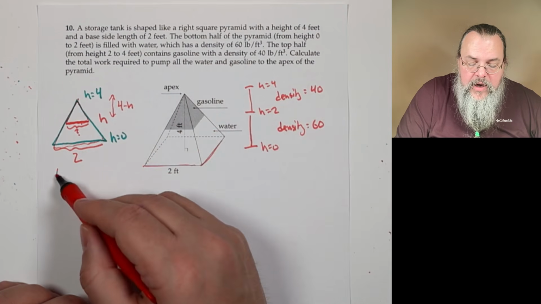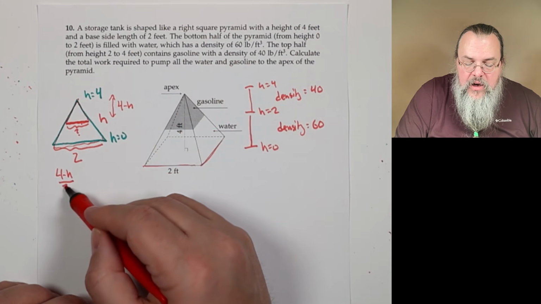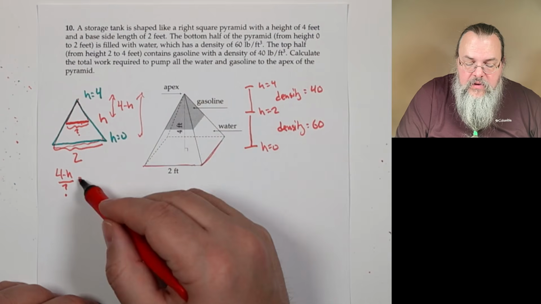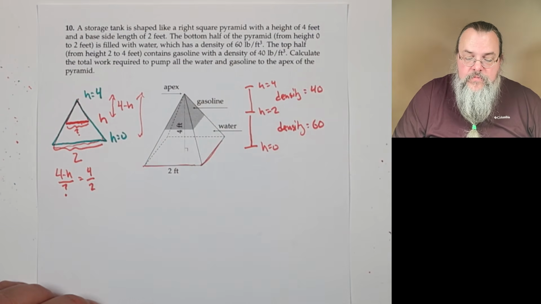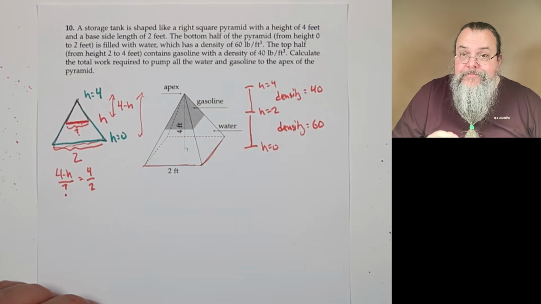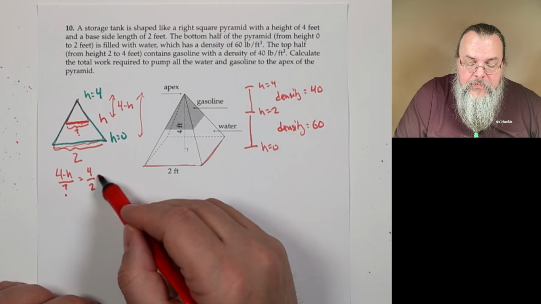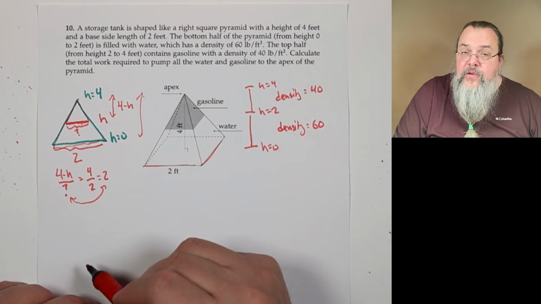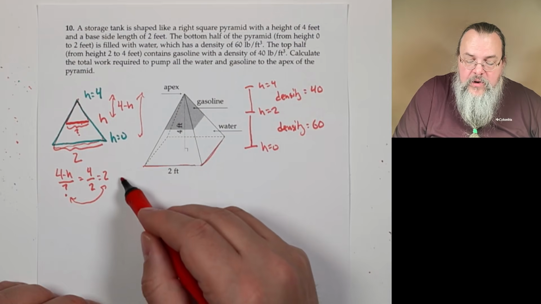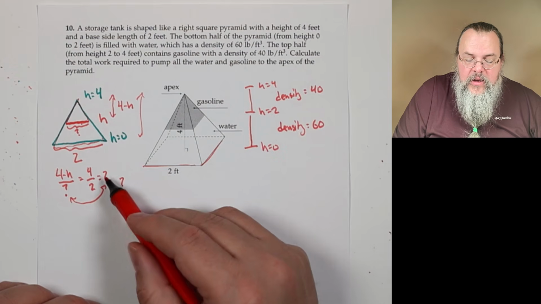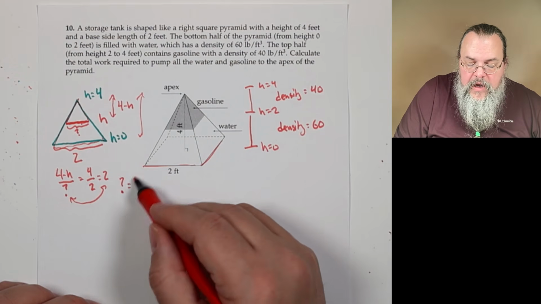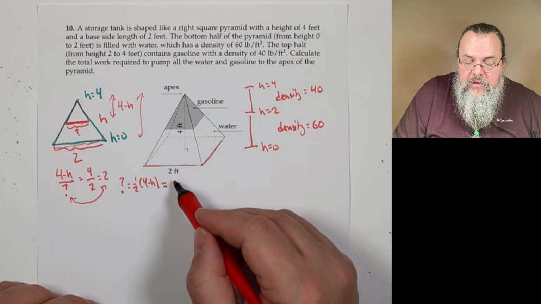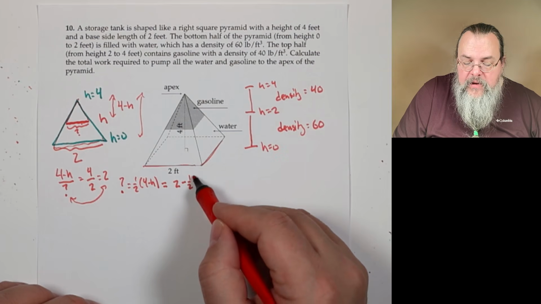So 4 minus h is to this unknown length as 4, the whole distance, is to 2. That seems very reasonable. Now we can just swap these two locations, so the length divided by 2 is 1/2 of 4 minus h, or the length is 2 minus 1/2 h.